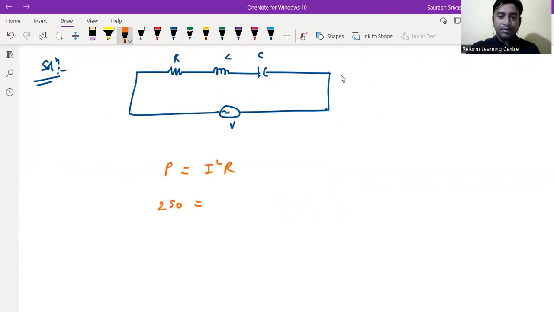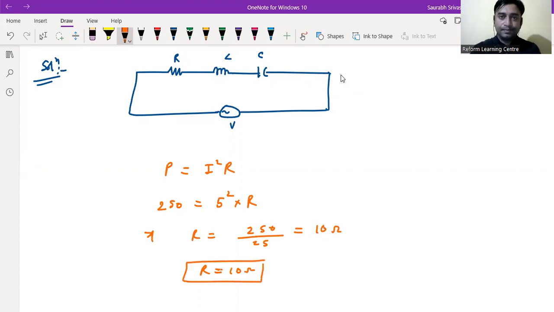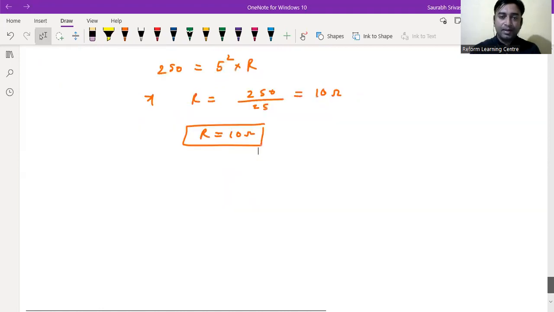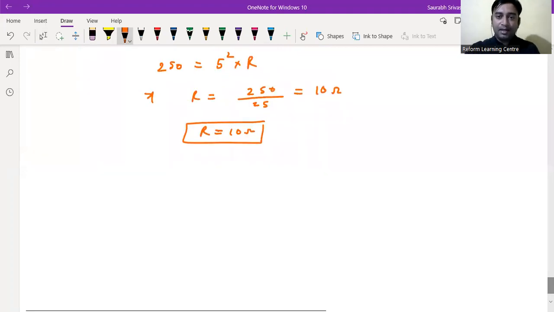Current is what? 5 ampere, 5 square into R. This R is equal to 250 upon 25. It is 10 ohm. R is equal to 10 ohm. Now we also know this is one parameter. R की वैल्यू मिल गई, L का और C का वैल्यू चाहिए.